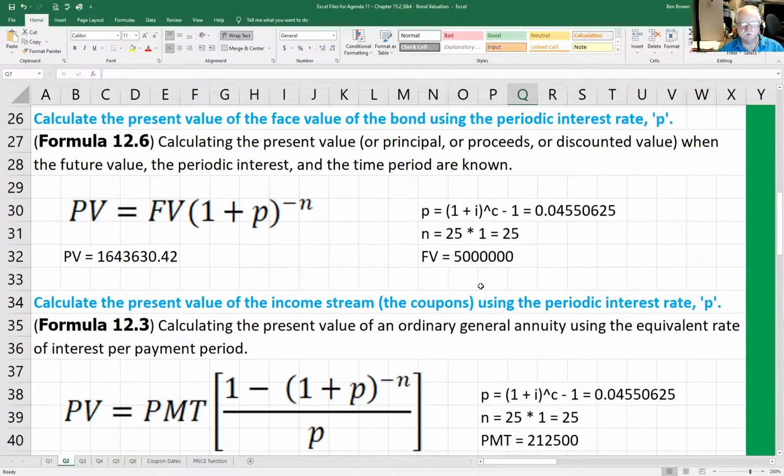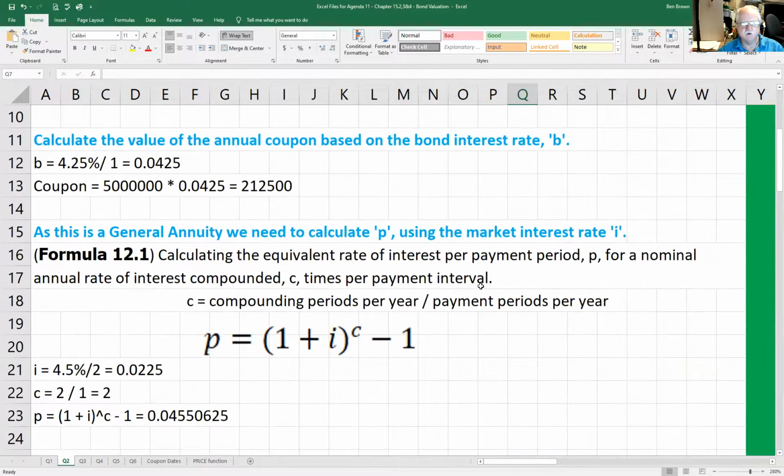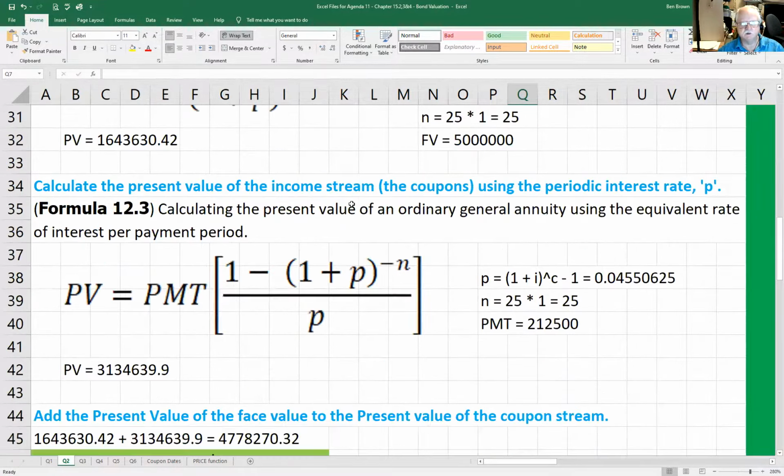And somewhere up here, we must have calculated the coupon. Oh yeah, right here. The coupon on this $5 million bond is $212,500. So that's quite a nice coupon.